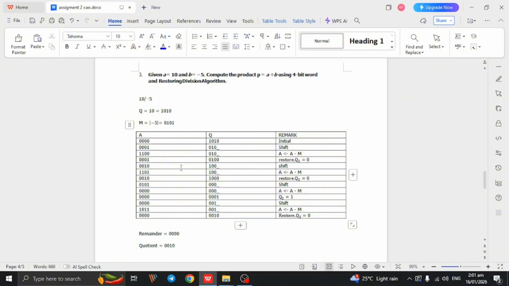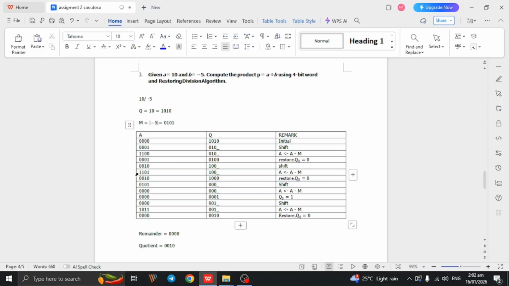Then the start of the second cycle, we first shift to the left, so the value of a becomes 0010, then q becomes 100, and q0 is unknown. We subtract m, which is 0101, from a, which is 0010, so we get 1101.